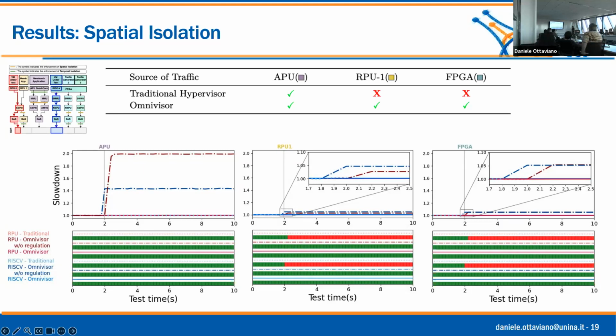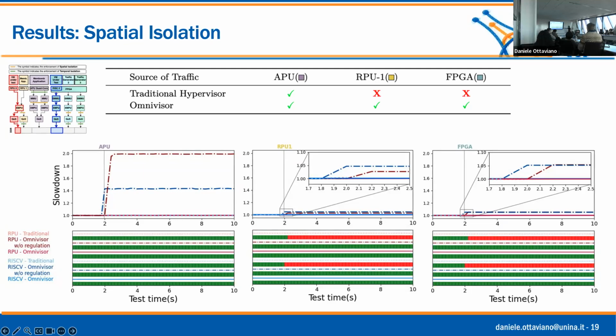But after 2 seconds of execution, we start a disturbance algorithm on another core. In the central case, it's RPU 1, the other RPU. If we don't control it, we show in this loading bar that the application crashes. So we are able to make the core crash using another core. If we program the system MPU through the Omnivisor, the application stops crashing and goes forward, because the RPU is not able to access this memory, but we have some temporal interference.